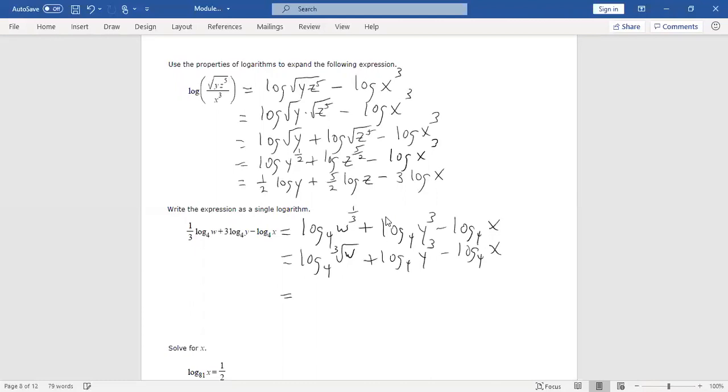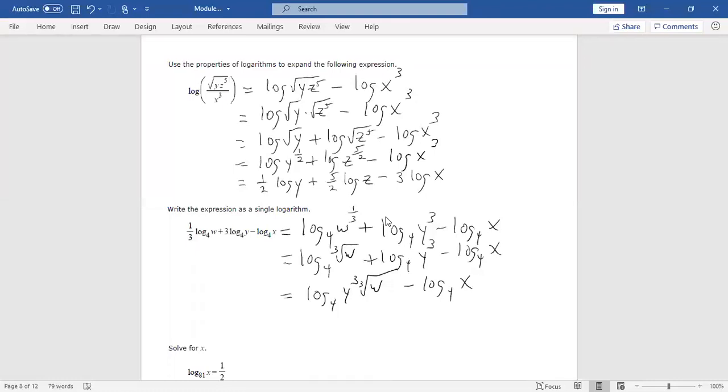So this can become log base 4. Now I'm going to put the y to the third first, so it doesn't confuse you to think that it goes under the radical sign, because it doesn't. So it'd be y to the third times the cube root of w minus log base 4 of x.